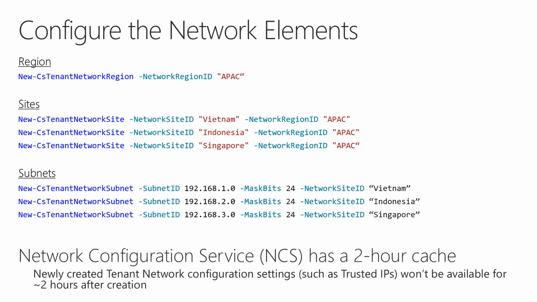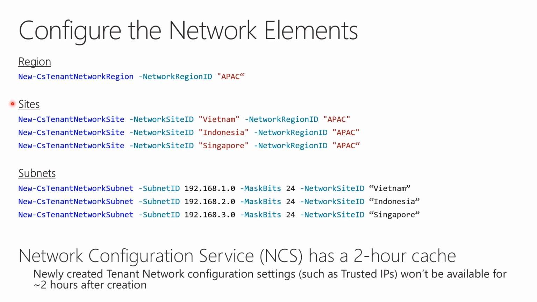Our next step is to configure the associated network elements. And again, these are the same elements that we would use if we were doing location-based routing or potentially dynamic emergency calling. So if you've already configured those, you might be able to reuse some of these components. If you haven't, then we simply need to define regions, sites, and subnets. So you can see here, I've built out my region as APAC.